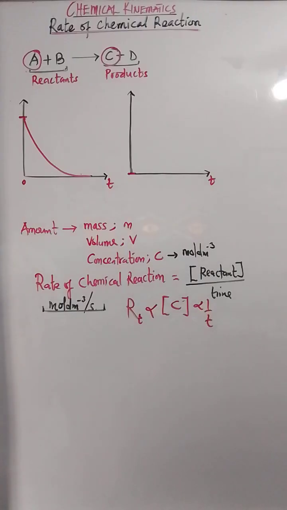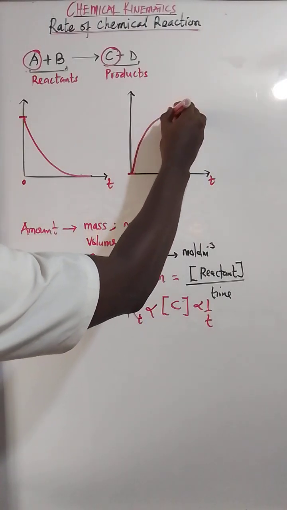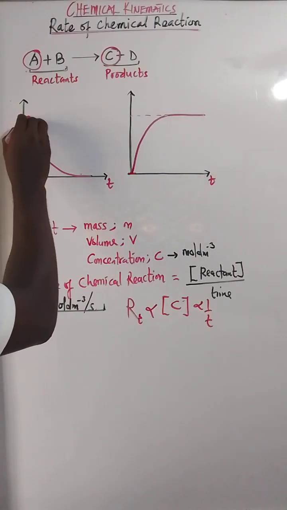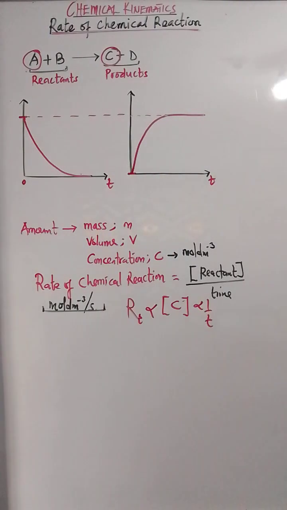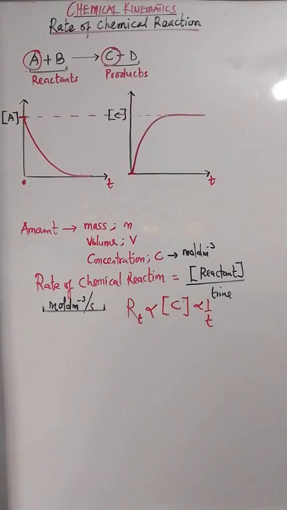But with time, the amount of product increases until it becomes stabilized. So this represents the concentration of the reactant, and it reduces with time, and this represents the concentration of the product, and it increases with time.